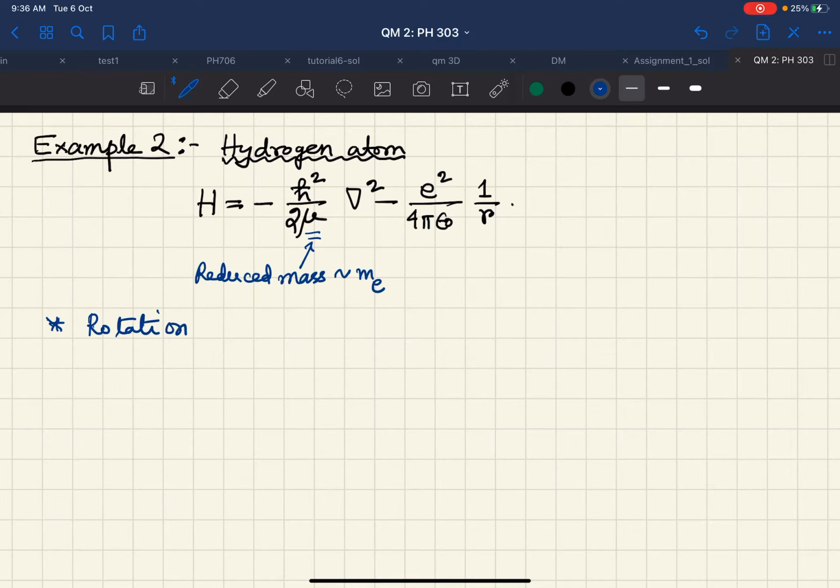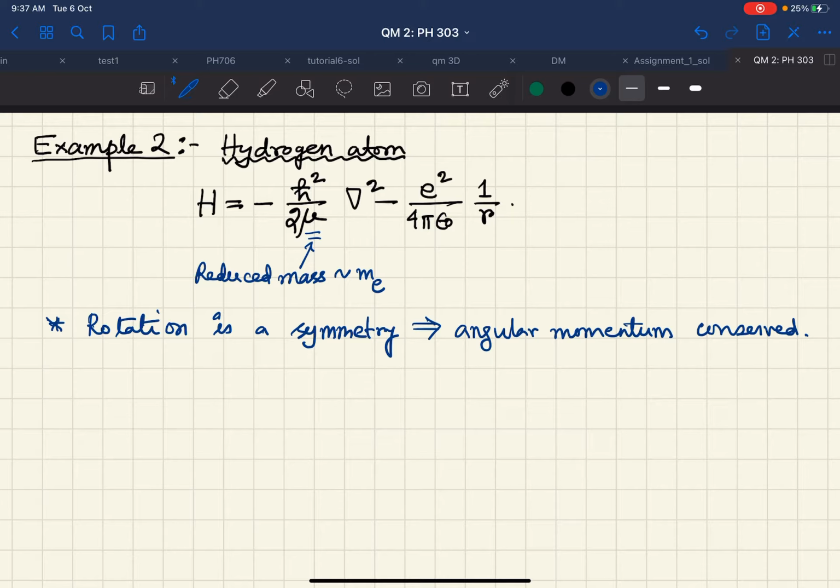It is rotationally symmetric, and therefore this immediately implies that angular momentum is conserved. So that is the first point we note.